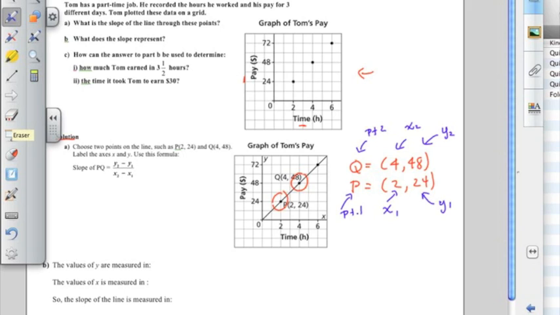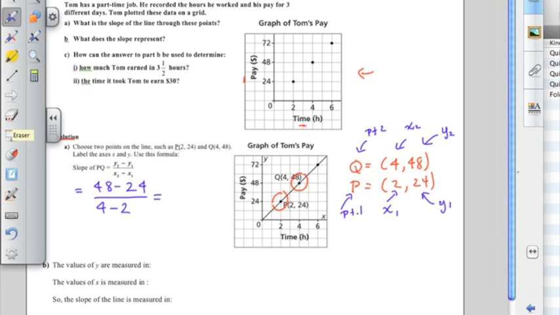Okay, so our formula says take y2 and subtract y1 from it. So y2 is 48, y1 is 24. And then it says divide that by x2 subtract x1, so x2 is 4 and x1 is 2.